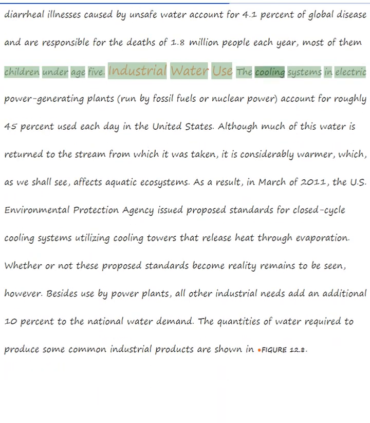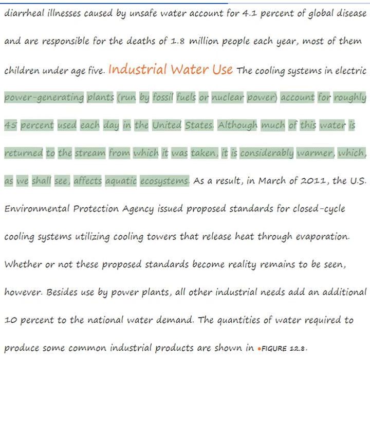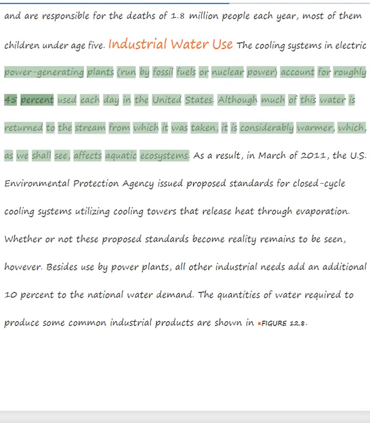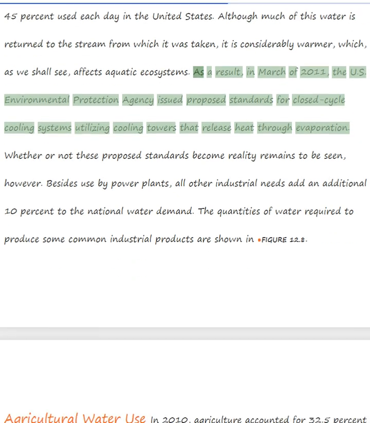Industrial water use. The cooling systems in electric power generating plants account for roughly 45% of water used each day in the United States. Although much of this water is returned to the stream from which it was taken, it is considerably warmer, which, as we shall see, affects aquatic ecosystems. As a result, in March of 2011, the U.S. Environmental Protection Agency issued proposed standards for closed-cycle cooling systems utilizing cooling towers that release heat through evaporation.